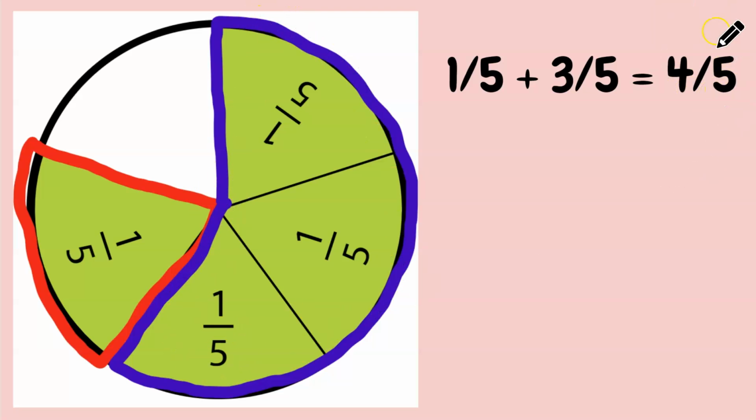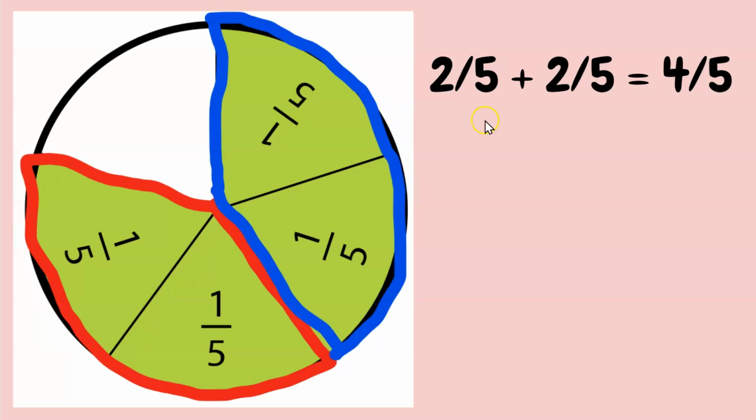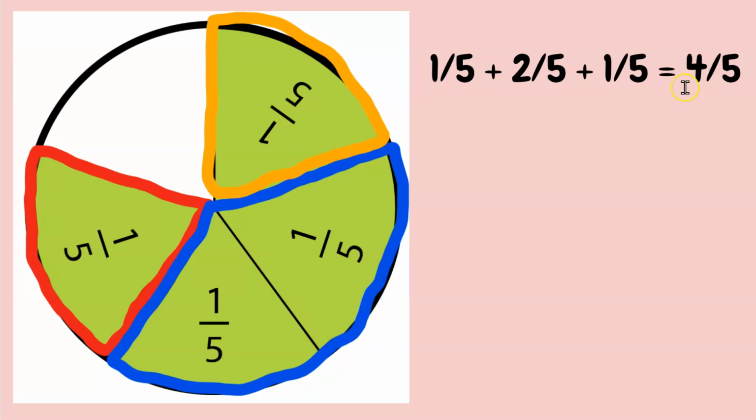Now I'm decomposing 4/5 as the sum of fractions. What are some other ways? What about 2/5 plus 2/5? How about 1/5 plus 2/5 plus 1/5? Those were all ways to decompose 4/5 into the sum of fractions.